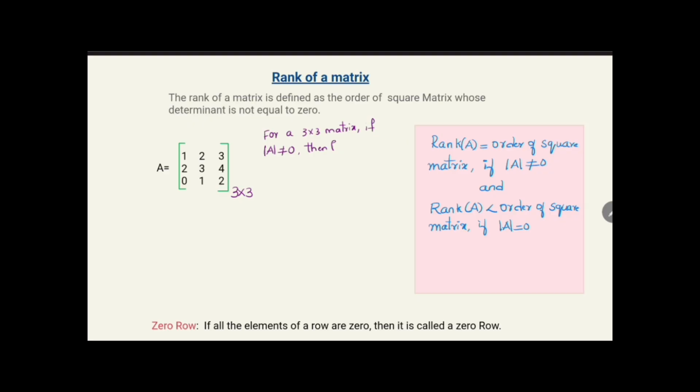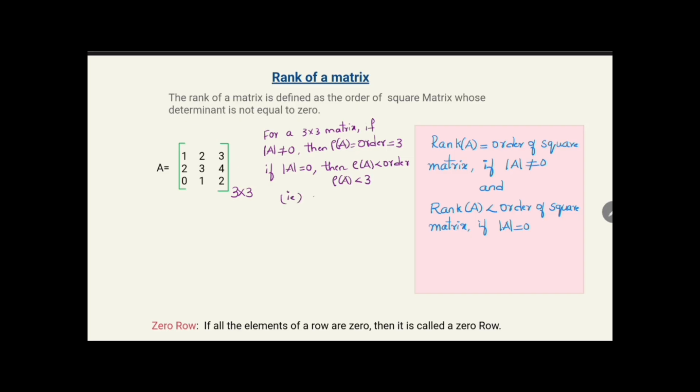Here we have taken a 3 by 3 matrix, right? So the rank is nothing but the order, that is 3. But if determinant is equal to 0, then the rank of matrix A is less than order. It means the rank of A is less than 3.